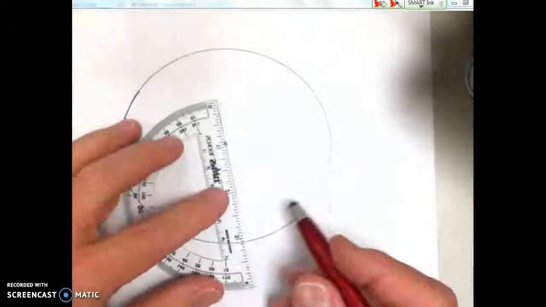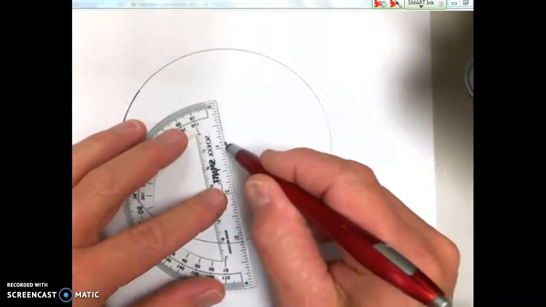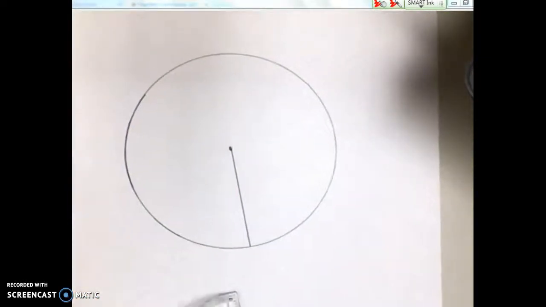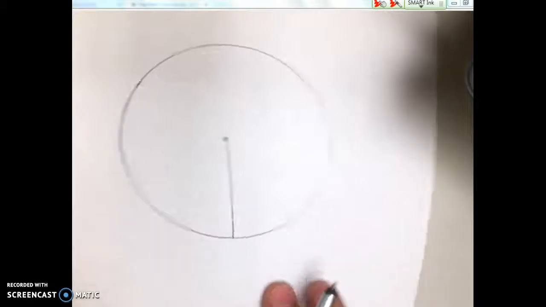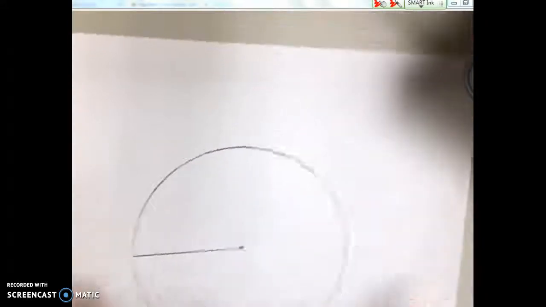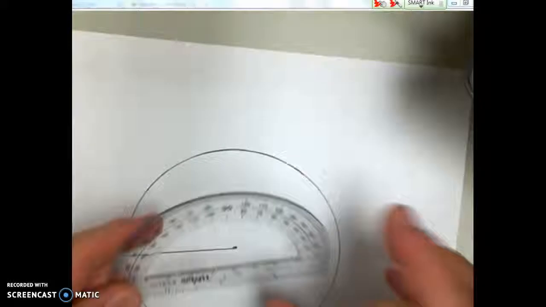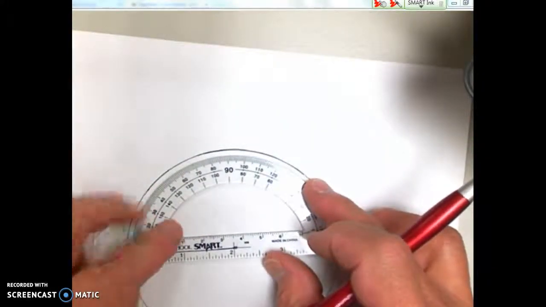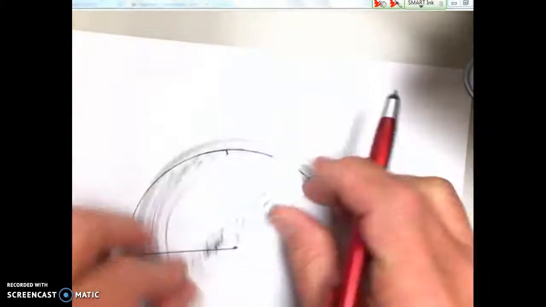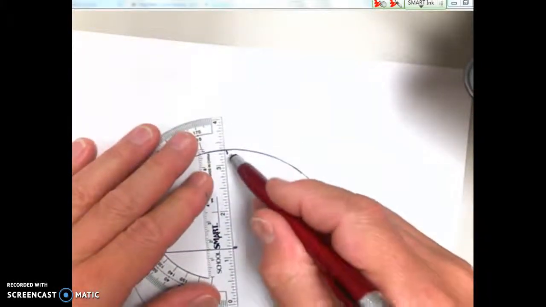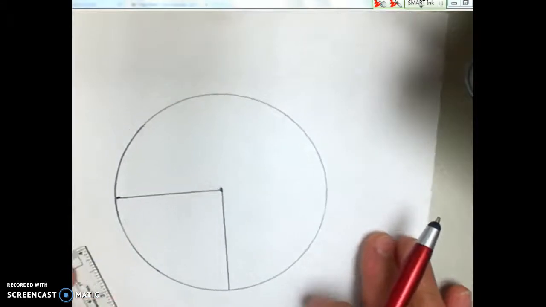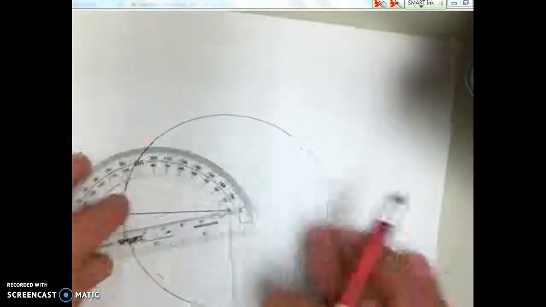And then we have to make sure our center point's there. And then we're going to take our protractor and draw a line of radius. Of our three degrees, we have one that is 90, so that's pretty easy to draw. So we line our protractor up on the line and the center point, and we mark our 90 degrees. There we go. And then for our next number of degrees, we have 126 or 144, and I'm going to go with 126.